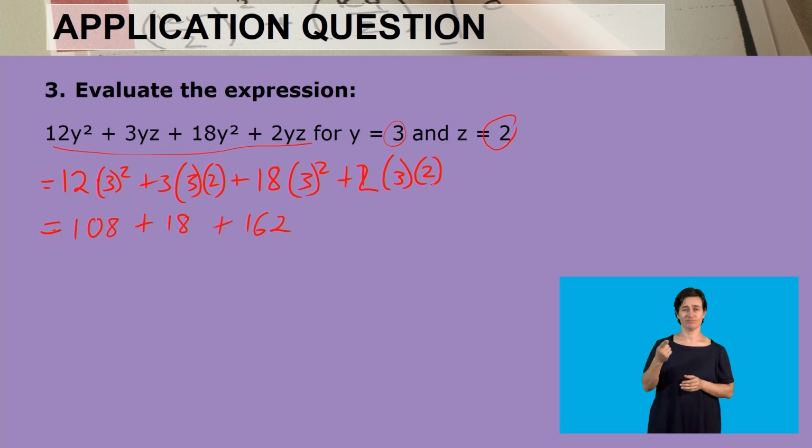And then 3 times 2 is 6, multiplied by 2 is 12.